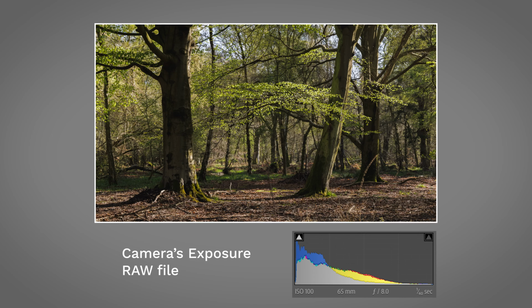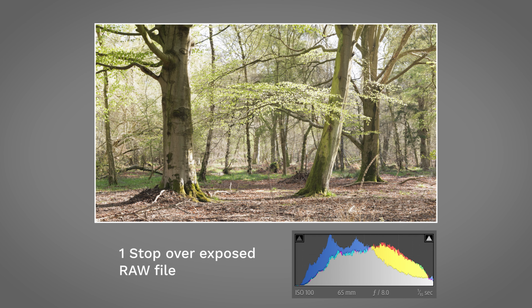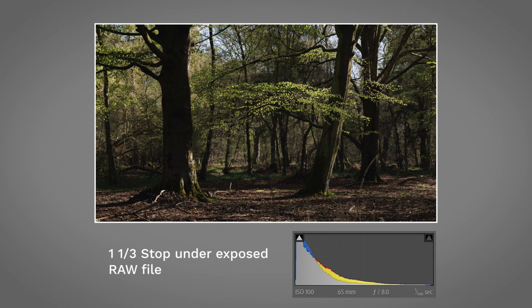So I'll take a frame and show you what that looks like. I'll also take a frame here at 1 stop overexposed to show you just how fast the digital sensor degrades the image when you overexpose. And then lastly, I'll do an underexposed frame here at 1 1/3.